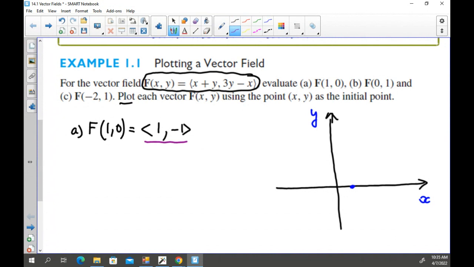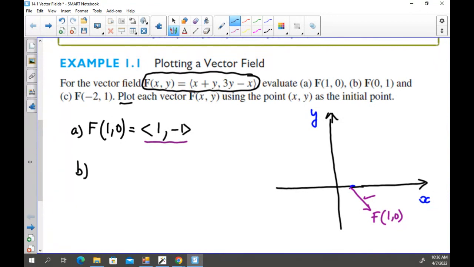So 1 along the x-axis and minus 1 along the y-axis. So it's a vector which is like this. This pen is not working properly. So I have a vector, yeah, like this. F at the point 1, 0 is the vector 1, minus 1, which is here.